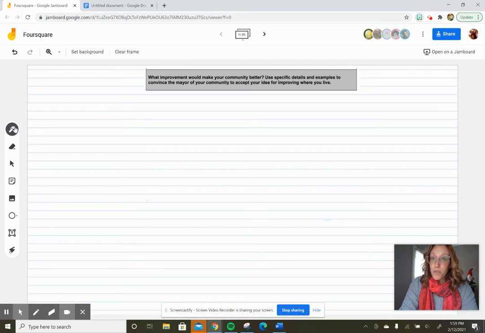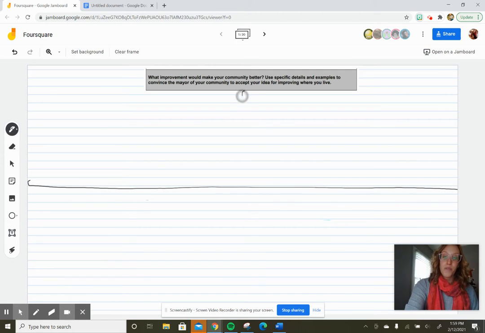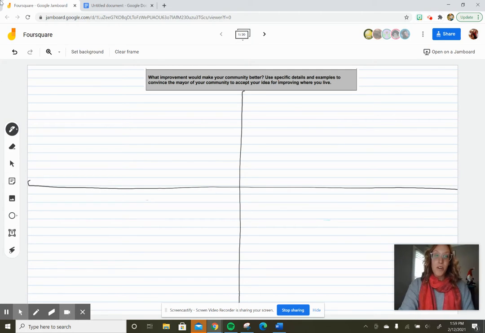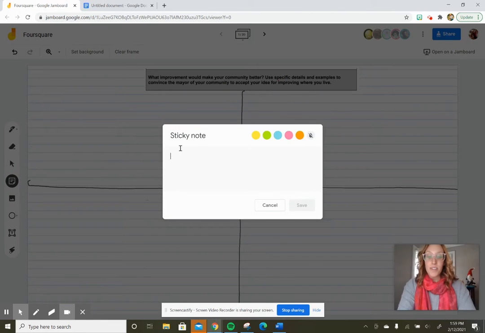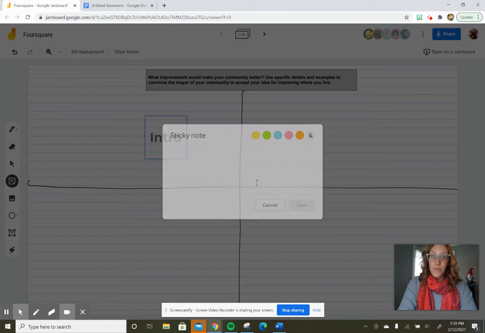So, since it's called the Foursquare, the first step that we're going to do is divide our paper into 4 squares. And we know that we're shooting for a 4-paragraph essay with this organizer, so we're going to break up our paragraphs. We have our intro, our first body paragraph.